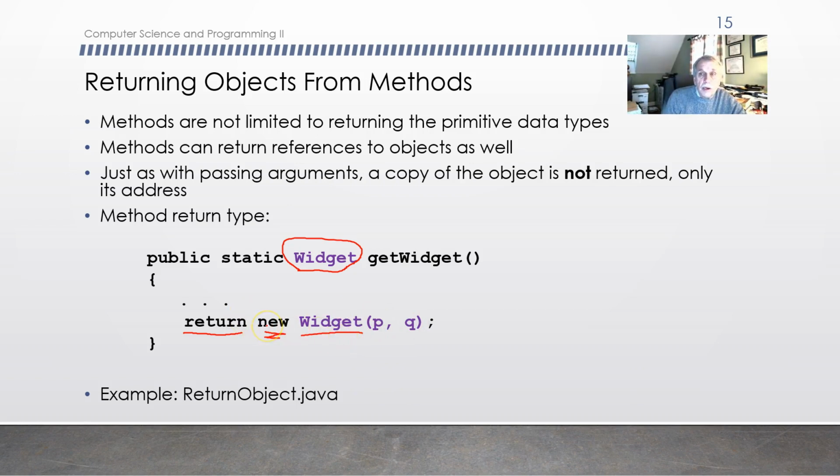And what gets returned by new? The address or a reference. And we are returning that, and that's exactly what we promised to return, a reference to a widget object. To see the complete code and see it in action, take a look at returnObject.java. And that has the details of this method, but you can also fire it up and see it behave.